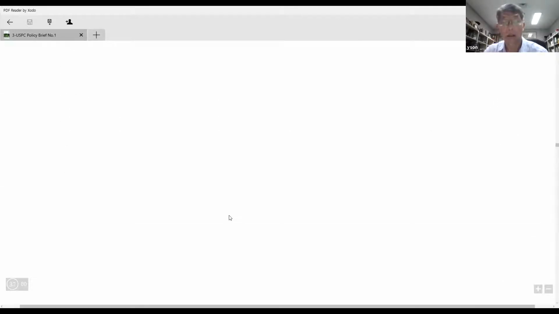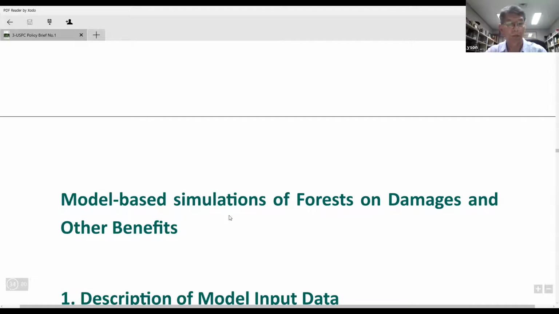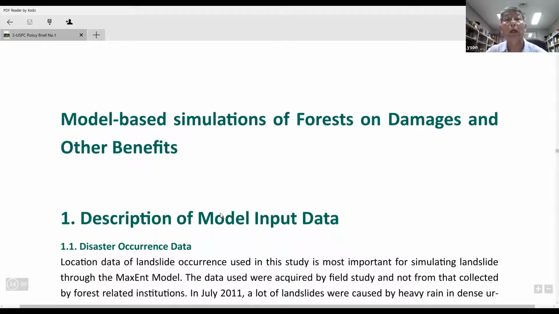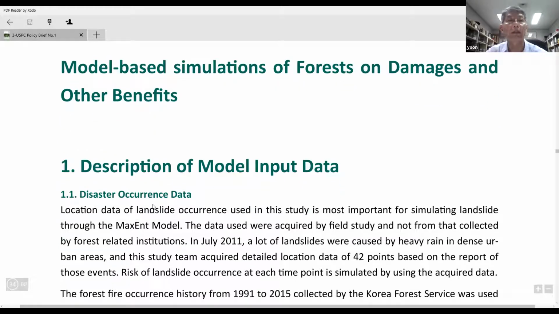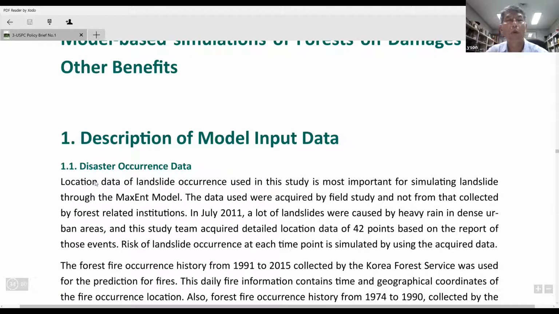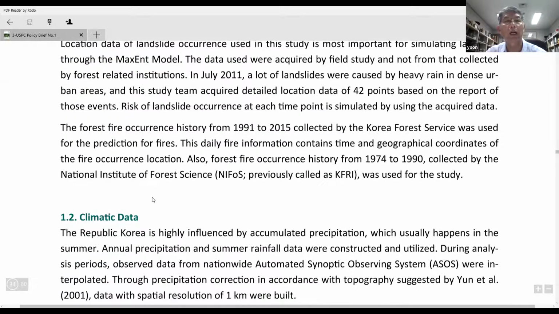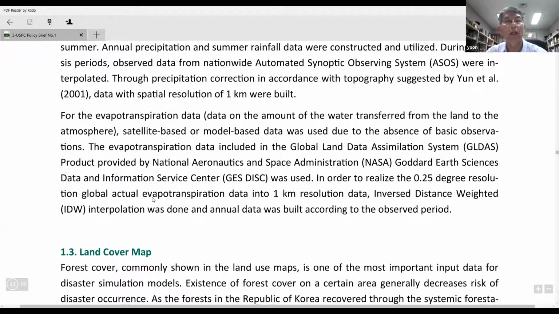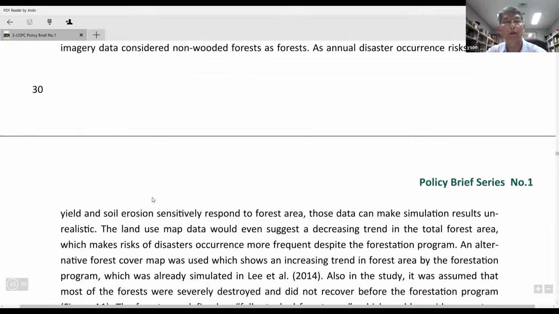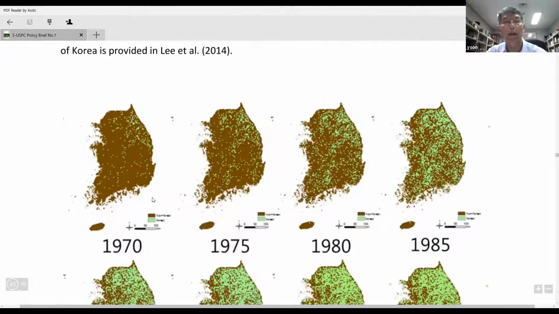And then I will move to the appendices. Here I describe the model input data, so how we manipulate data to run the model: disaster occurrence data, climate data, land cover map, and so on.